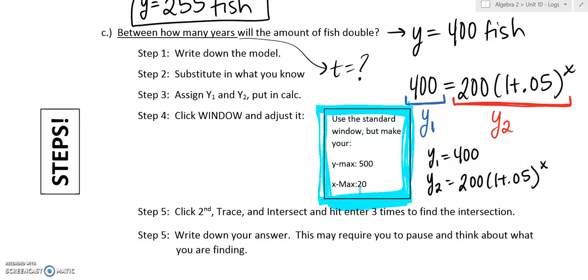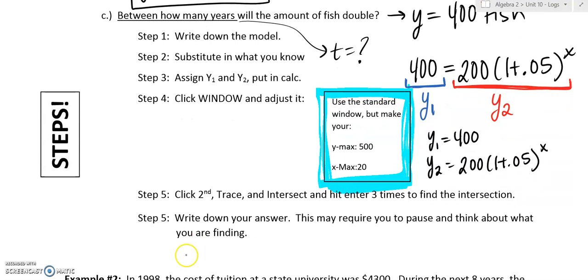Give your calculator a second to think. It'll give you an answer. My calculator on the bottom said x is equal to 14.2 and y is equal to 400. On the bottom, the x is your time. This is what you want.